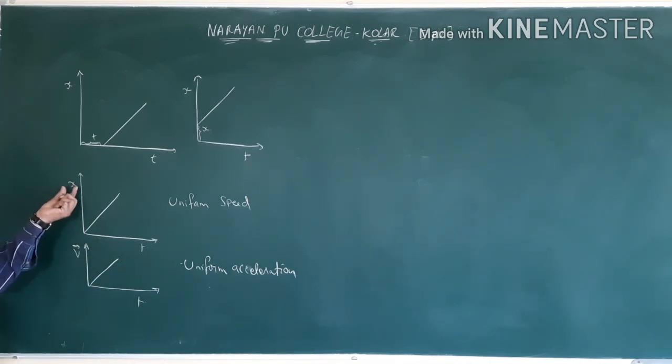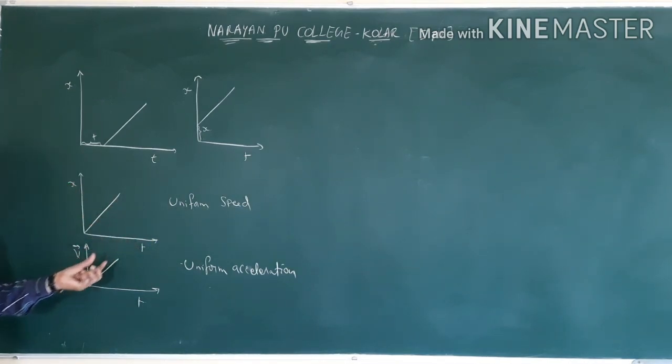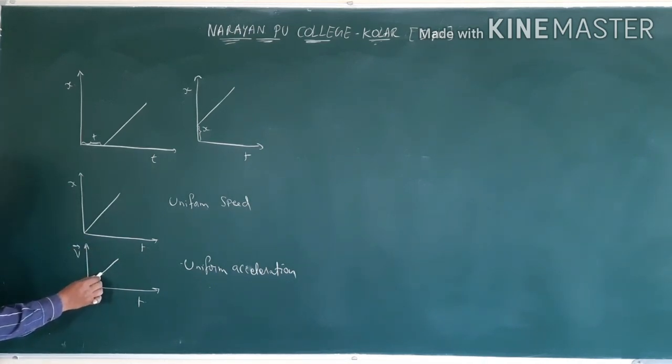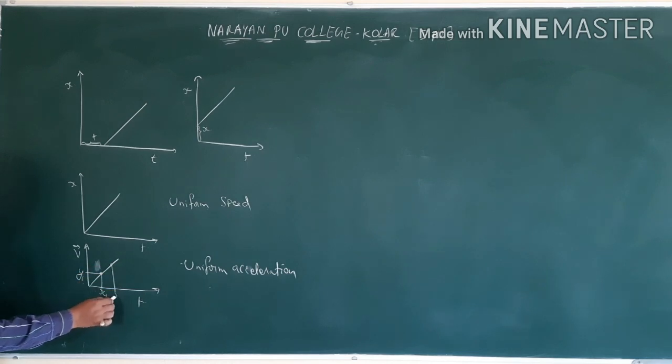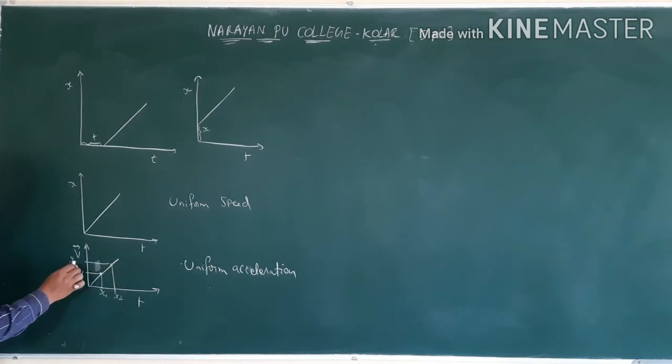This is the position time or distance time graph. Sometimes they will give the displacement time graph for uniform velocity. This is with positive slope. Positive slope means if you find two values here, this is y1, this is x1, this is x2, this is y2.